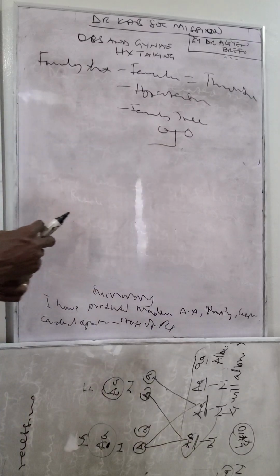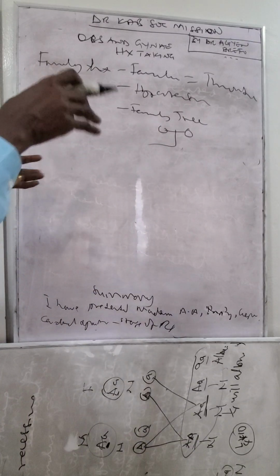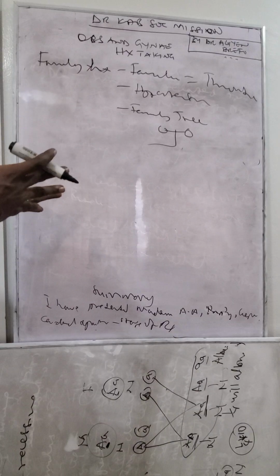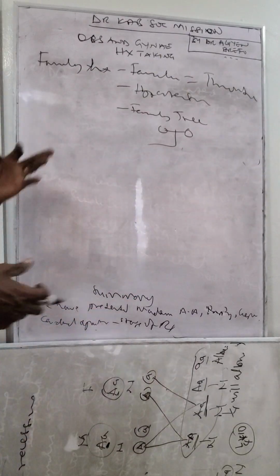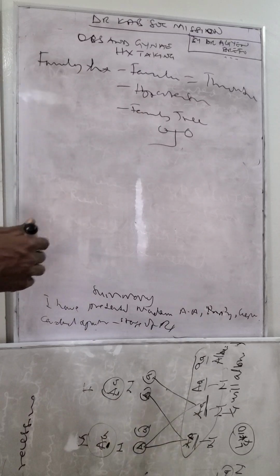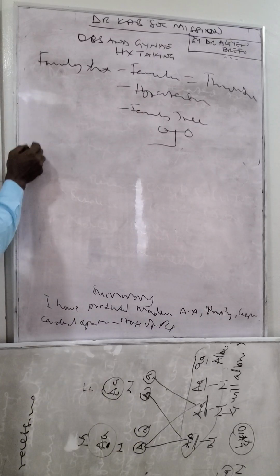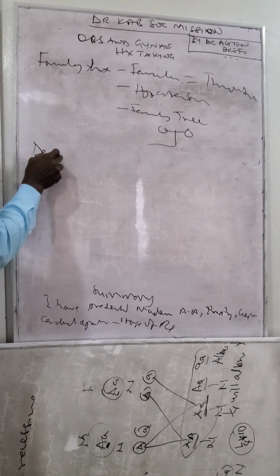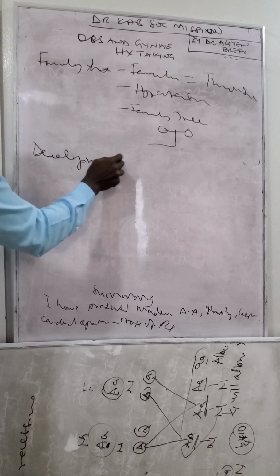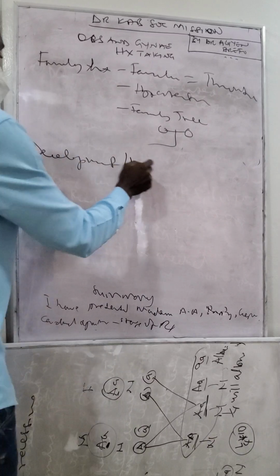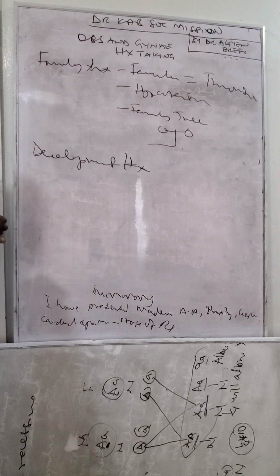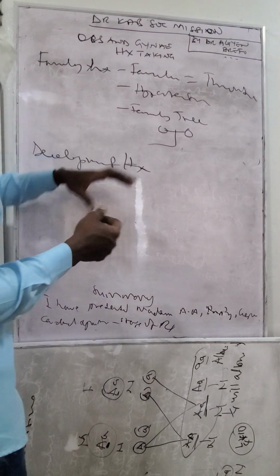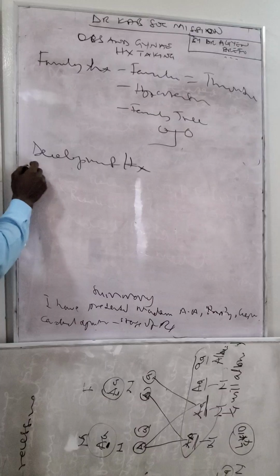Some would even think of conditions that can be acquired within the close living together of family members, for instance tuberculosis. So these things are captured under your family history. Then you can come to your developmental history, depending. Maybe you've noticed that the person has some syndromic kind of thing. You may talk about the developmental history or nutritional history.